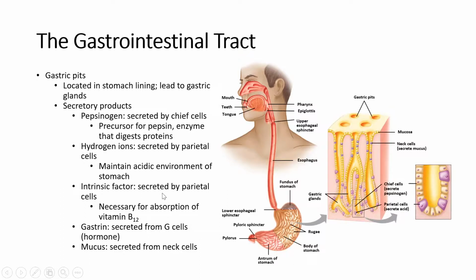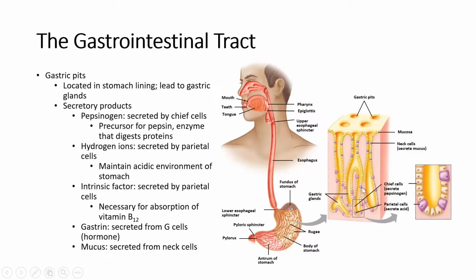We also have gastrin secreted from G cells. So G cells are another cell type that's found here. And gastrin is going to play a role in our hunger function, as well as mucus cells, which are called neck cells. And these are found higher up in the neck of the gastric gland. So we can talk about different parts of the gland.